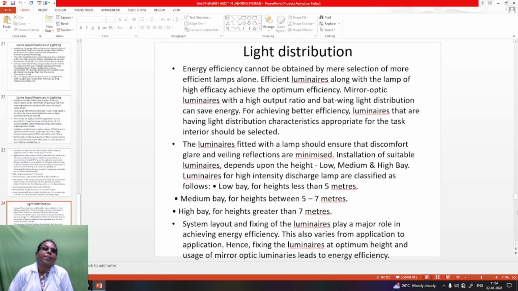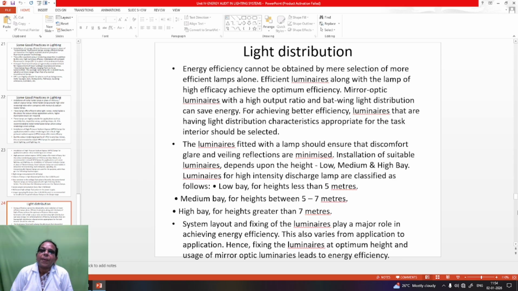Light distribution. Energy efficiency cannot be obtained by mere selection of more efficient lamps alone. Efficient luminaires along with lamps of high efficiency achieve the optimum efficiency. Mirror optic luminaires with a high output ratio and batwing light distribution can save energy.